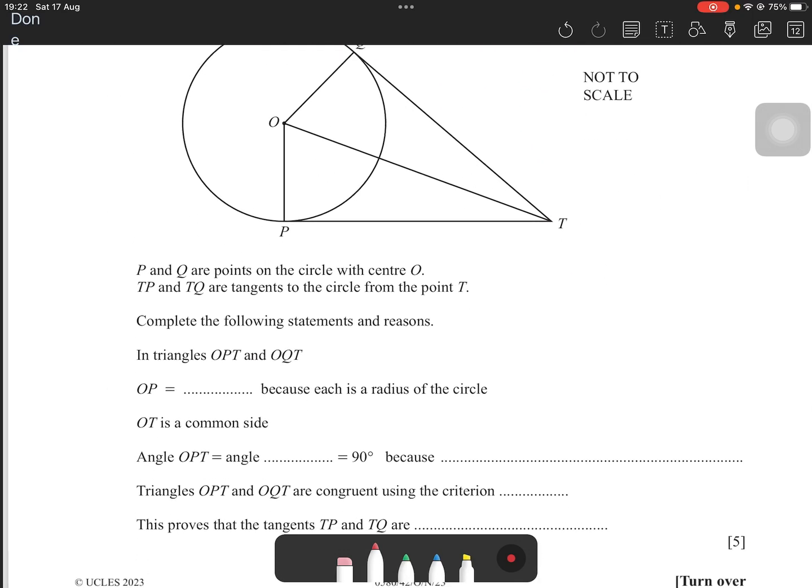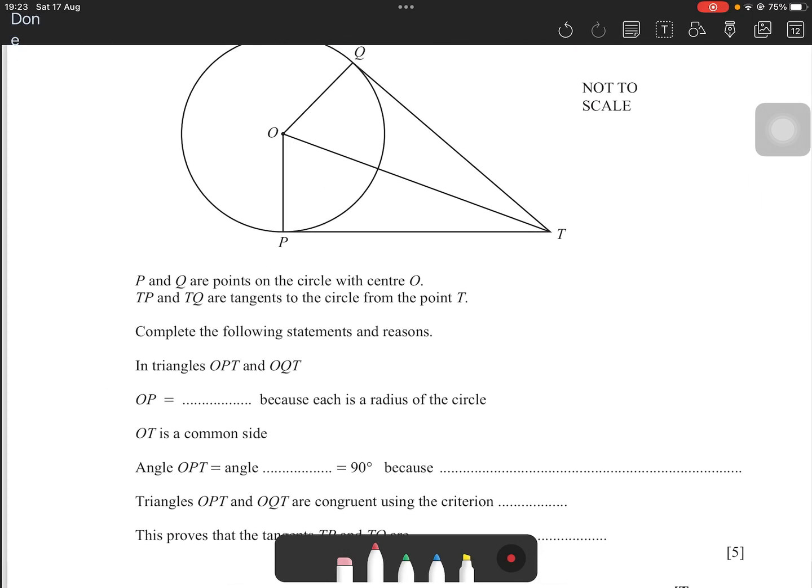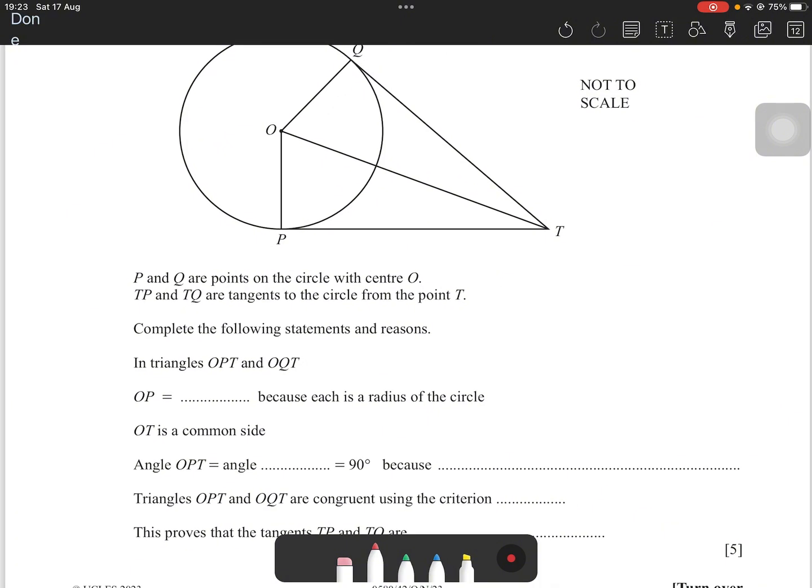B. P and Q are points on the circle with center O. TP and TQ are tangents to the circle from the point T. Complete the following statement and reasons. In triangles OPT and OQT, OP is equal to OQ because each is a radius of the circle.